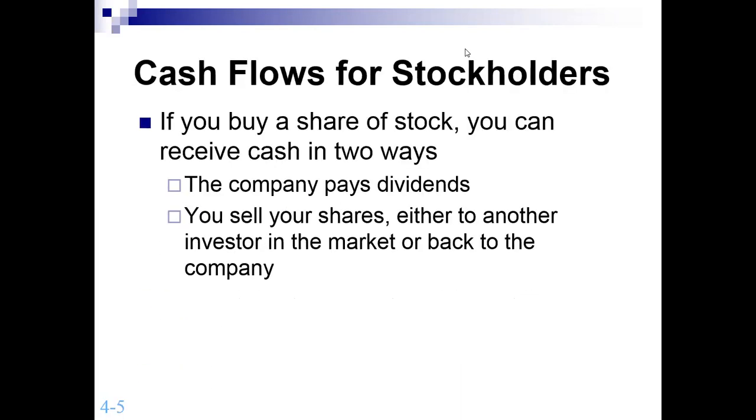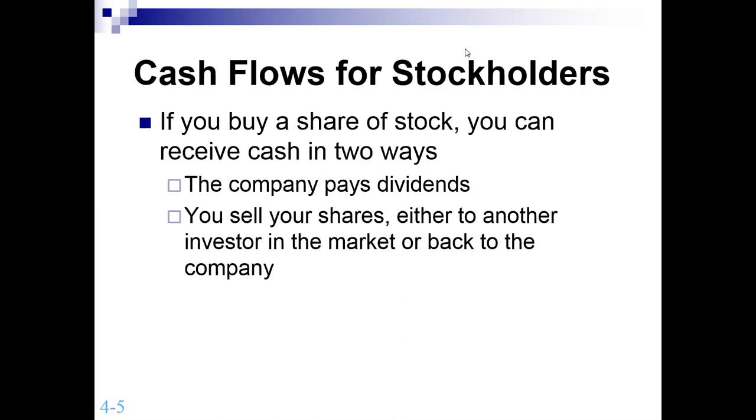If you buy a share of a stock, you can receive cash in two ways. Just assume that today you are buying a stock and holding it for 1 year. We are assuming that at the end of the year, a company will pay dividend, and this dividend will be received by the investor.